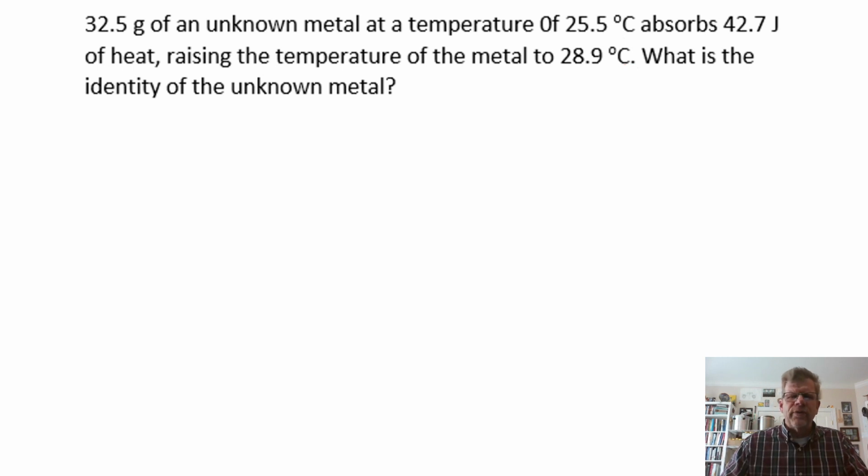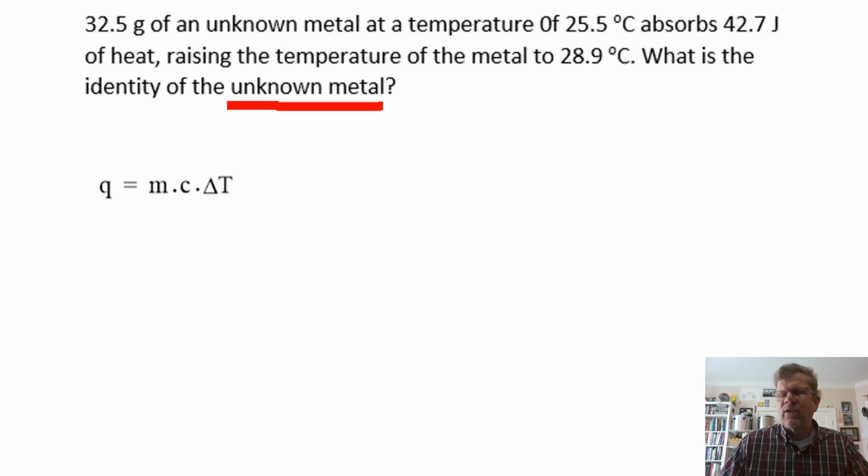But looking at this more broadly, we would have to recognize, like, okay, we're dealing with a temperature change, we're dealing with joules of heat. Again, we're going to be looking at that classic Q equals mc delta T. And if we look at this now, what is the unknown that we're going to be solving for? I would submit to you that since it's an unknown metal and we can identify it based upon a comparison to a physical property, we are going to be solving for the heat capacity of that metal in order that we can then compare it to a table of heat capacities.